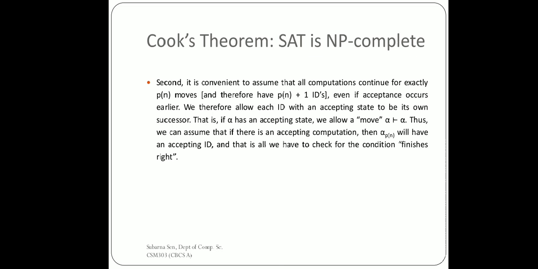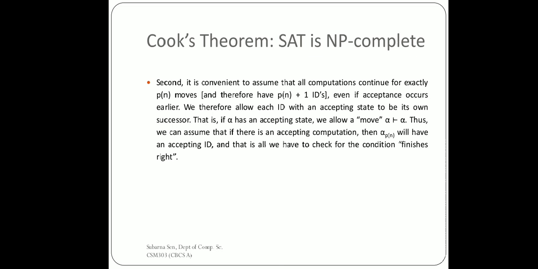There may be a maximum, say from alpha naught to alpha n. If we have to follow a maximum of p(n) moves, say for alpha 2 we have to follow a maximum of n minus 1 moves in whatever fashion, and if at the accepted state we incorporate a transition to itself only, then it can be done in one move only, but still we can generalize the concept. The maximum number of moves can be n, so everything will be covered under this generalized concept.